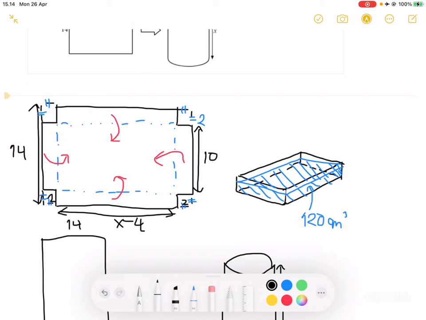And for the height of the cuboid, notice that it is exactly 2 centimeters. Since you're folding this and folding that, these sides will match up and will make the height of the cuboid, and the height is 2 centimeters. And perhaps I'll just write the dimensions in this second diagram. So x minus 4, and we have 10, and then a height of 2.